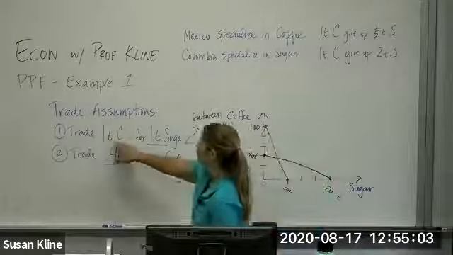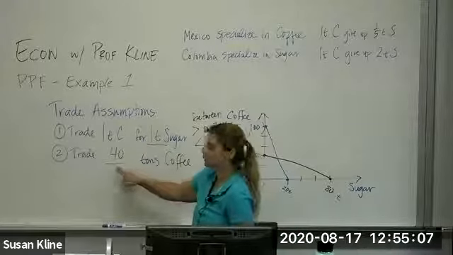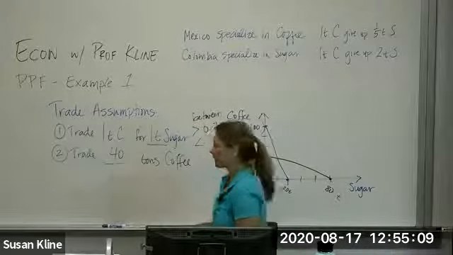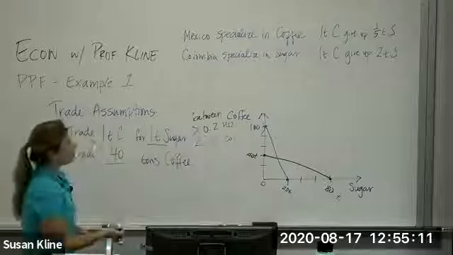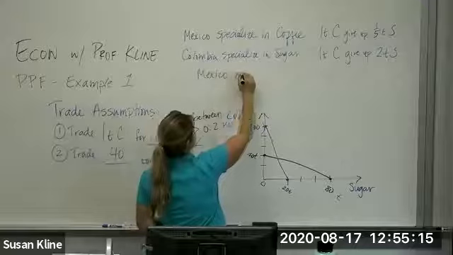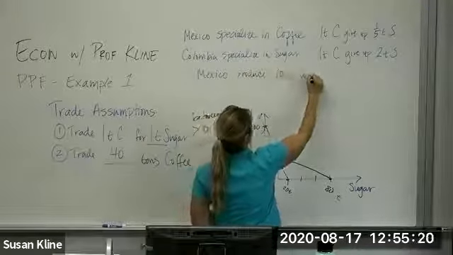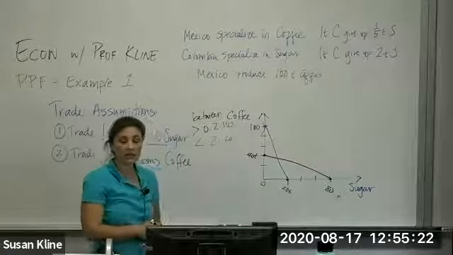So we're gonna trade 1 ton of coffee for 1 ton of sugar. And we've also said that we're gonna trade 40 tons of coffee, right? So Mexico is going to produce 100 tons of coffee because we've already said that they're going to specialize.